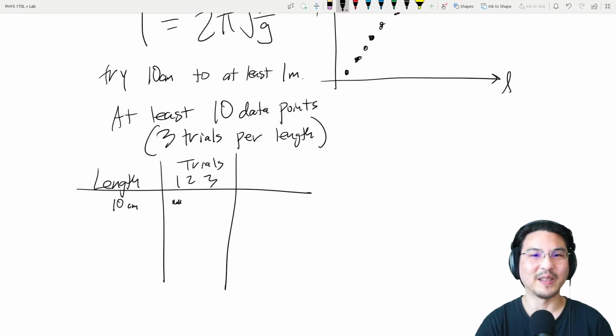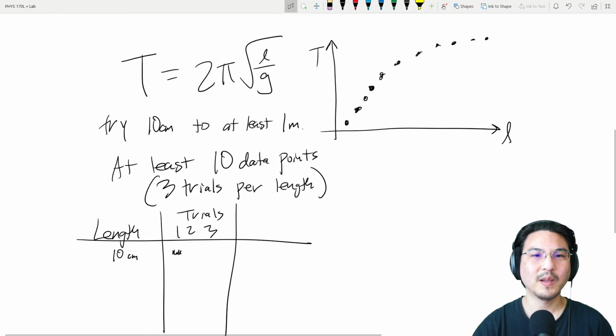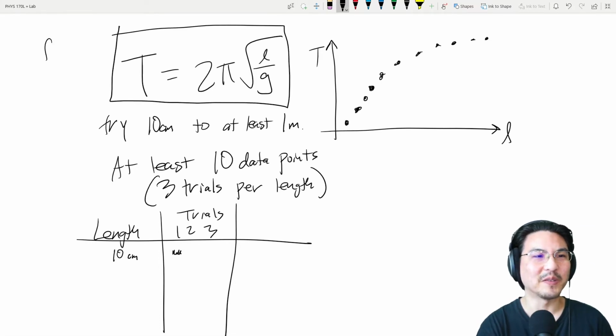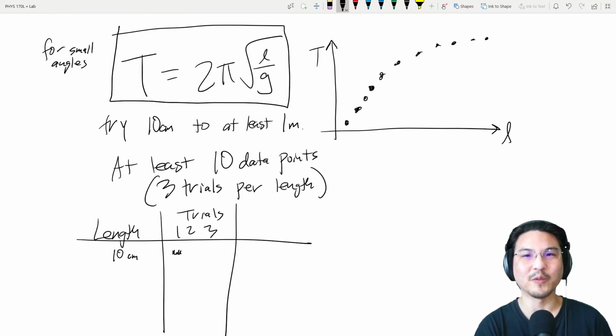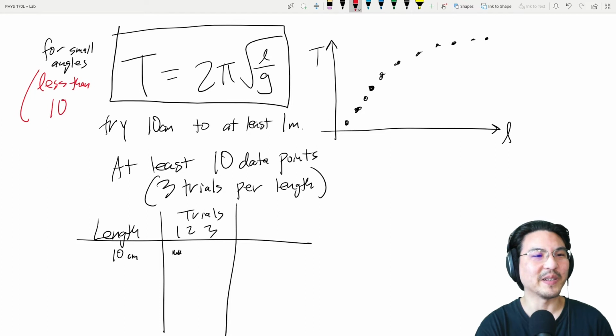Reset, and then again, let me jot this down. This is for small angles. So let's make a restriction here. Let's keep it to less than or equal to 10 degrees.